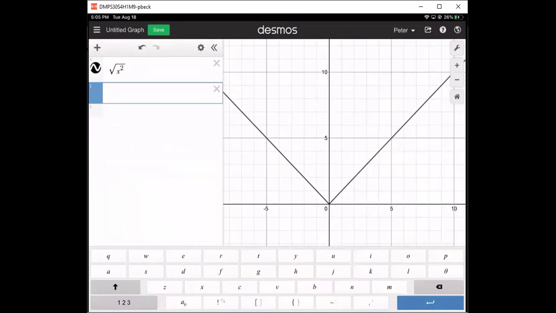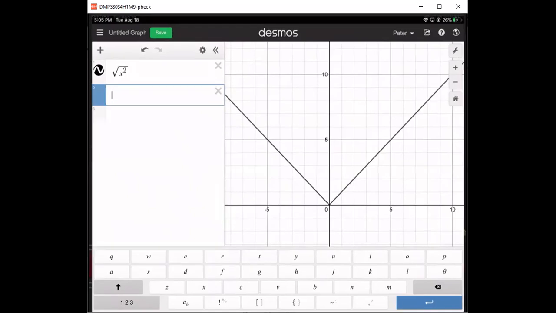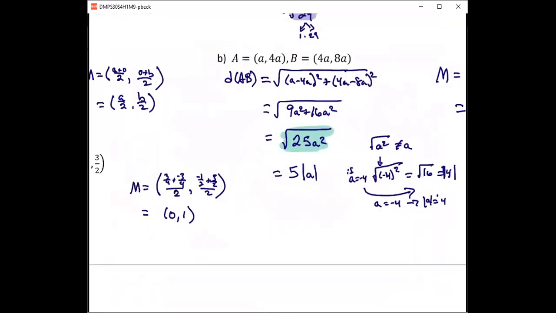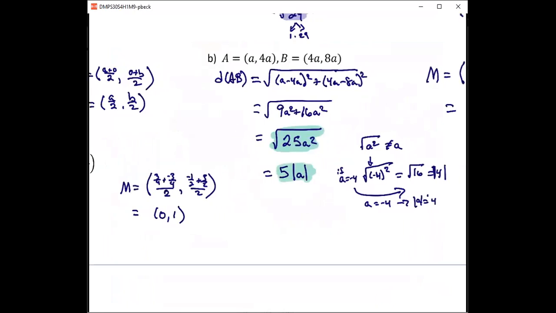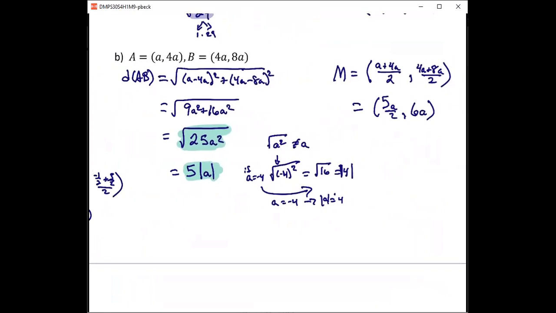It's not here, so looking funny, whatever. It's the absolute value of x graph. So going back to my notes, this square root of 25a squared really is 5 times the absolute value of a. That's a little detail that we're going to look at a little bit more on the pre-calc level. We'll see this occur in random places throughout this.